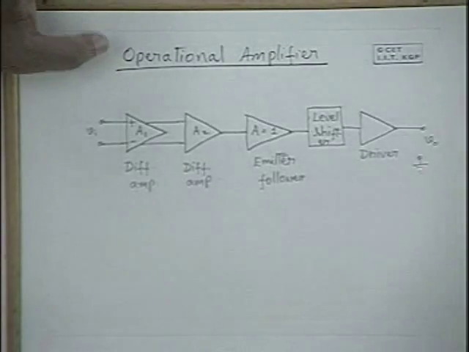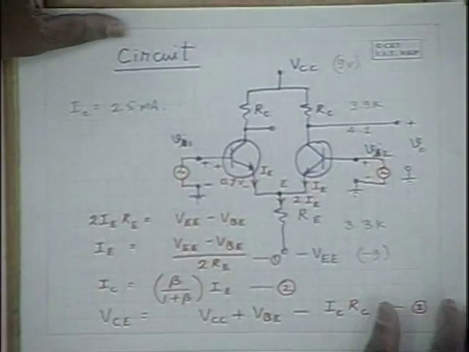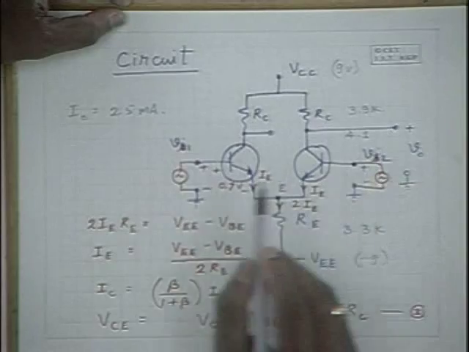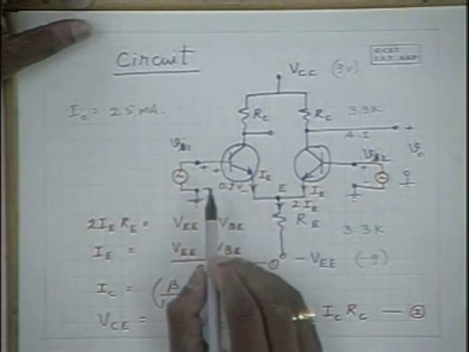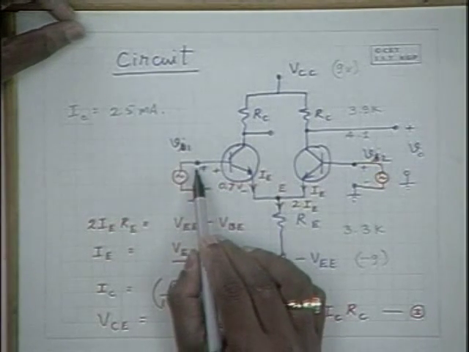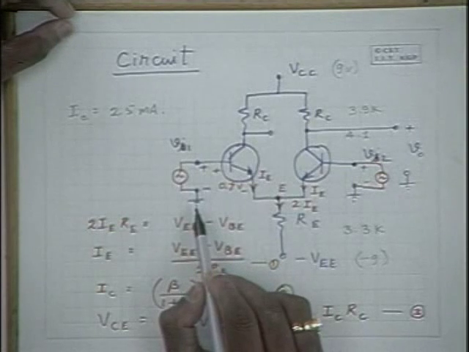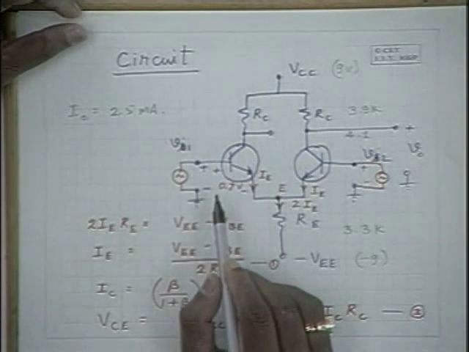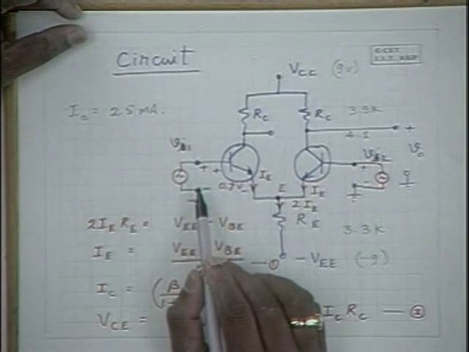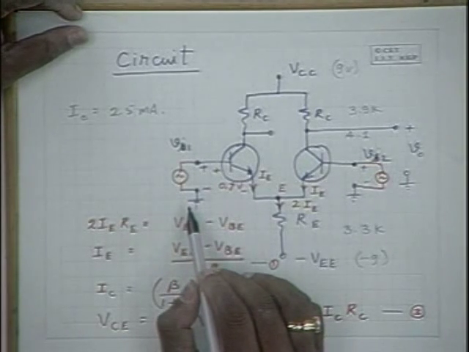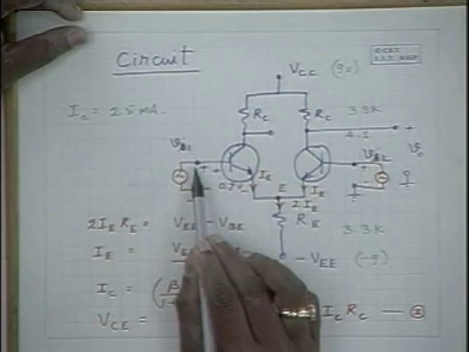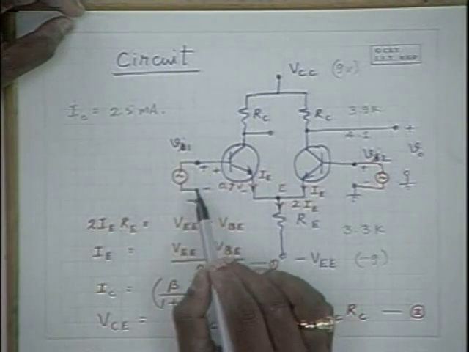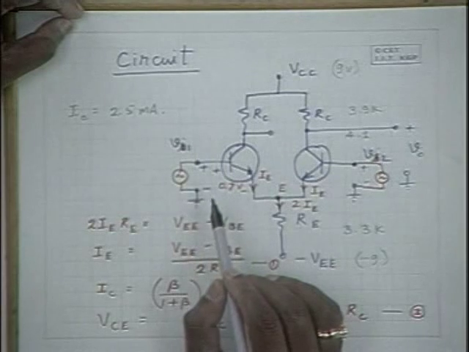We have seen that the differential amplifier has this kind of configuration, and while biasing, we bias the input points at ground potential so that signals can be directly fed in here between the ground and this point. So if the signal is 0, the input point would be at 0 potential.